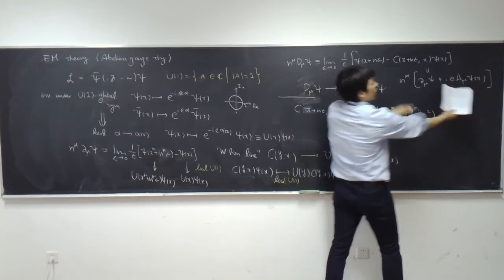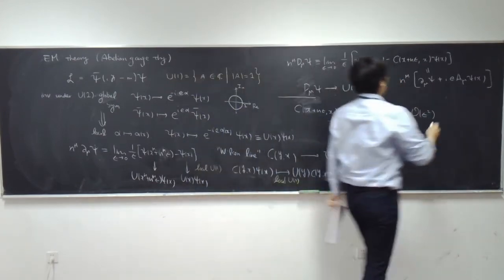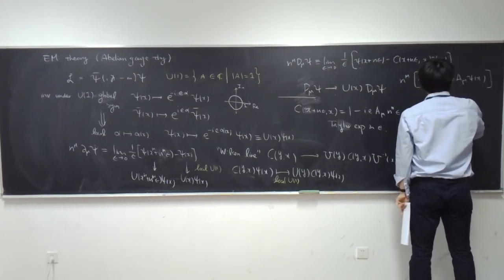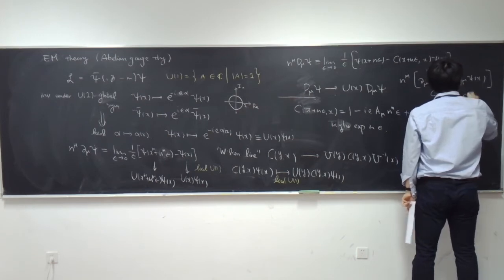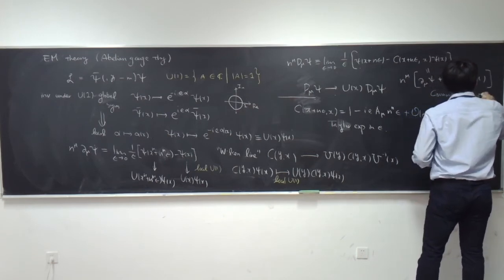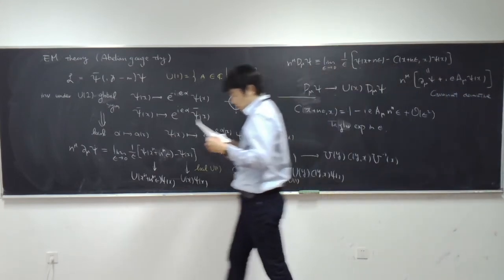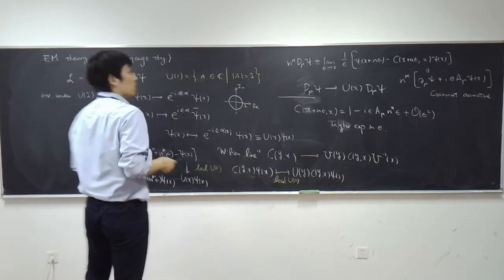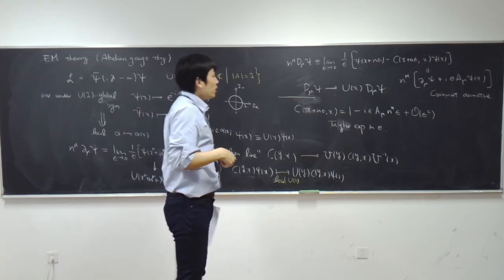So that's the covariant derivative we saw in QED, in the presence of the gauge field.